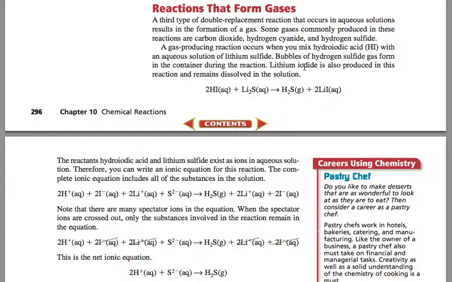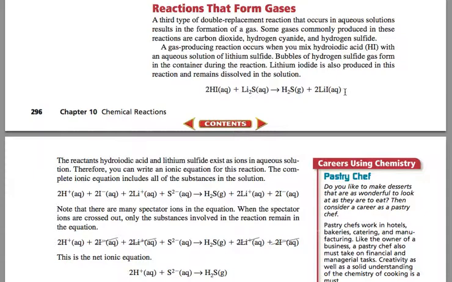Lithium iodide is also produced in this reaction and remains dissolved in the solution. So, hydroiodic acid in an aqueous solution and lithium sulfide in an aqueous solution react to produce hydrogen sulfide gas, which we would see as bubbles, and lithium iodide in an aqueous solution.